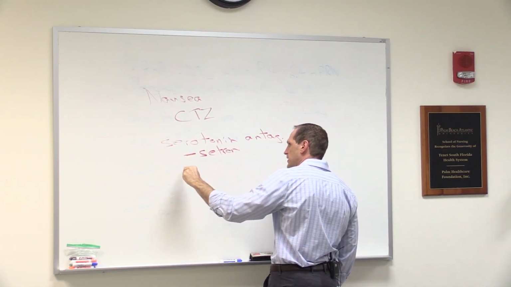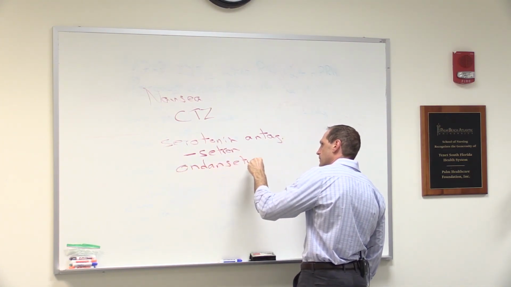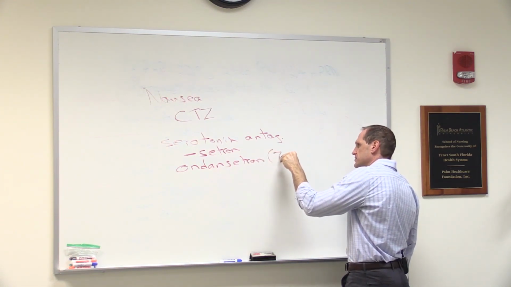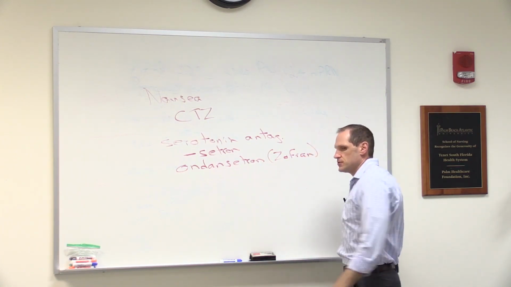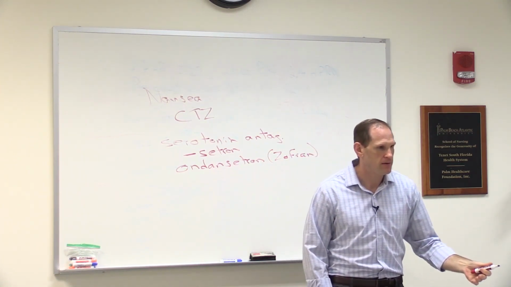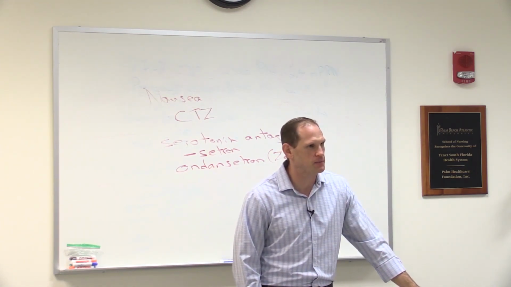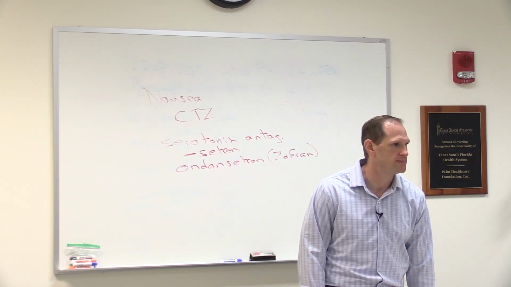The best of them is ondansetron, which is also known as Zofran. Zofran is pregnancy category B, which means that it might be safe in pregnancy, but we don't have any human trials to know for sure.